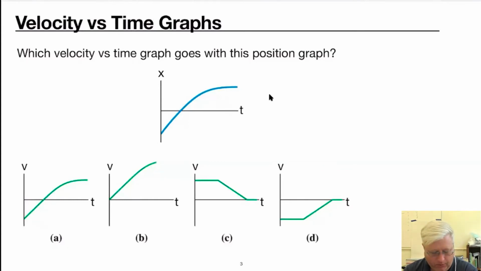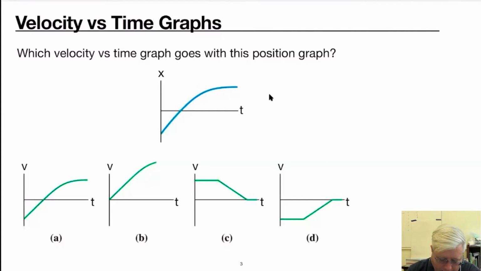Okay, so it's C. A pretty tricky one. But we know at this portion, we're at a constant velocity. It's a positive slope. So although it starts off at a negative position, it's moving in the positive direction, which means a positive constant velocity.